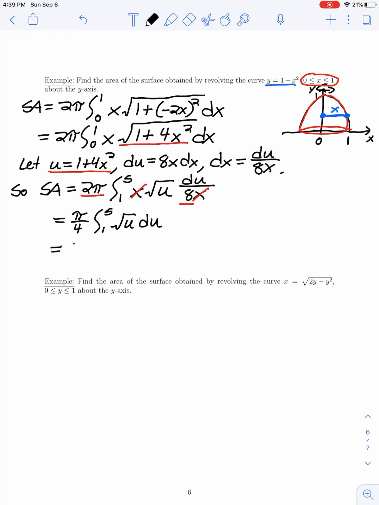So at this stage, we can find our antiderivative, which would be pi over 4 times the antiderivative of square root of u, which is 2/3 u to the 3/2. And we're evaluating from u equals 1 to 5. So simplifying our constants, we had a pi over 4 times 2/3.